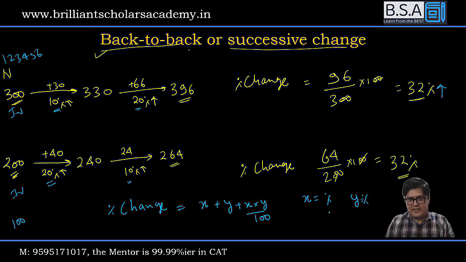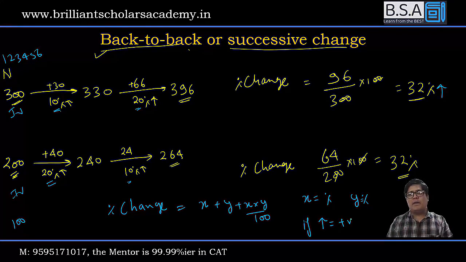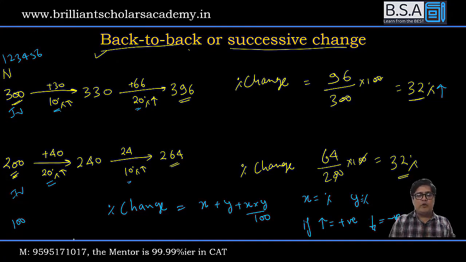If there is an increase, you will have to put a plus sign. If there is a decrease, you will have to put a minus sign. I want you to highlight this part and write it cleanly.